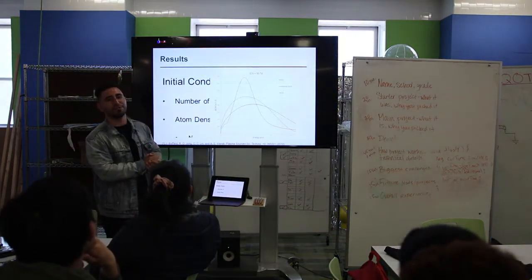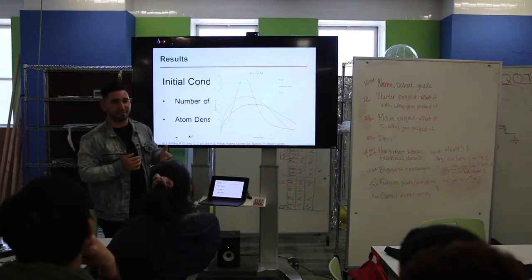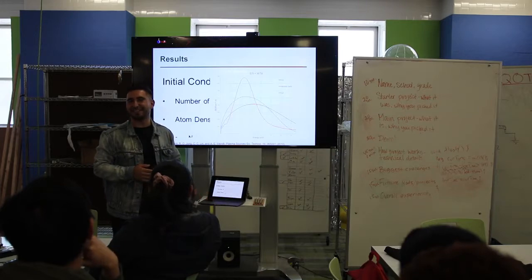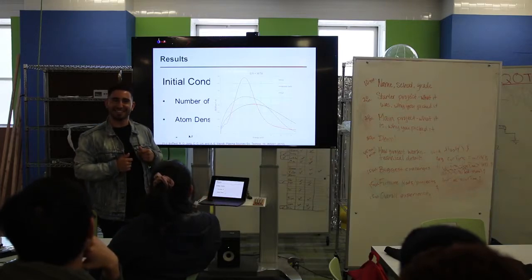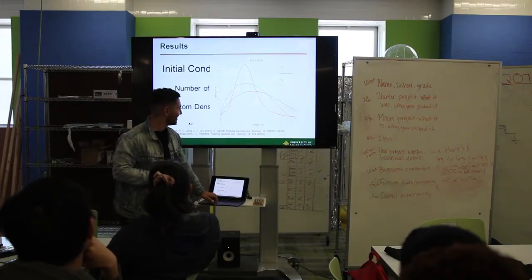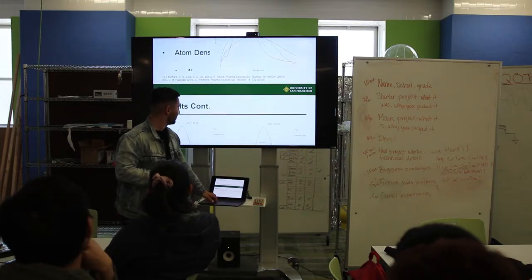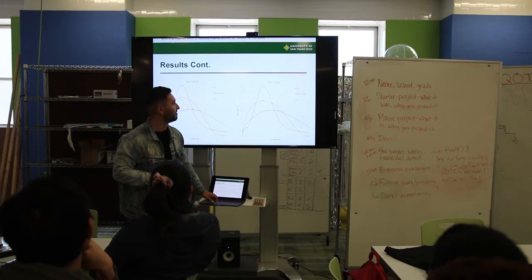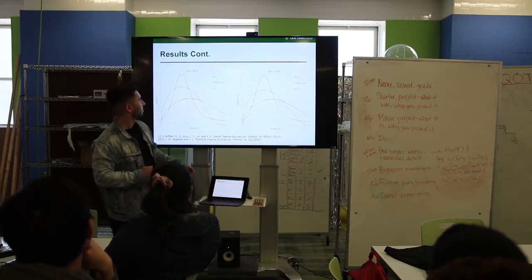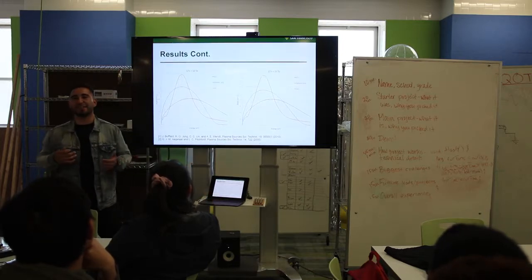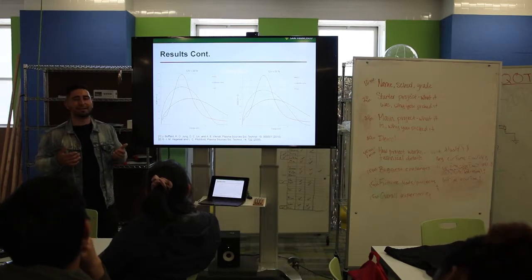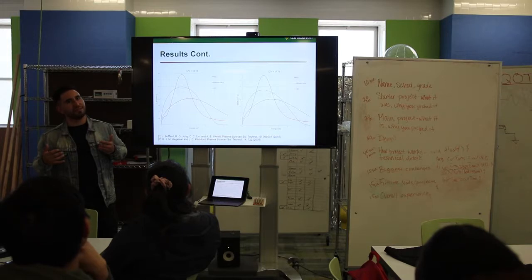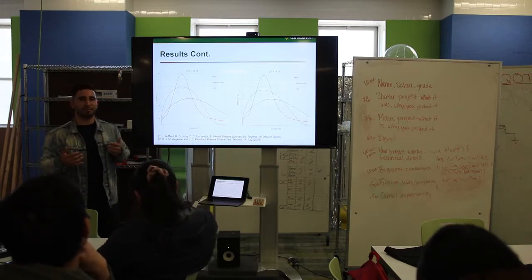Our results were comparable to other work in the field. And in science, that means you did a good job. Ours was the red one. But if any of you guys ever get into research, it's always about improving, about trying to find any inefficiencies in your model.